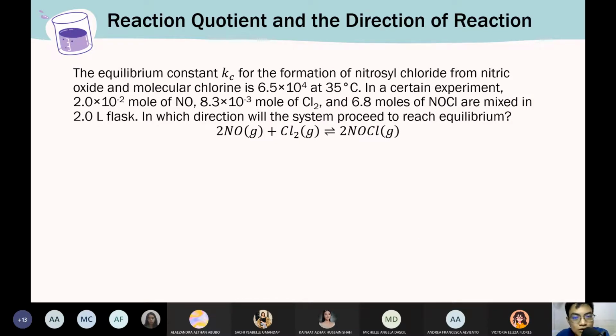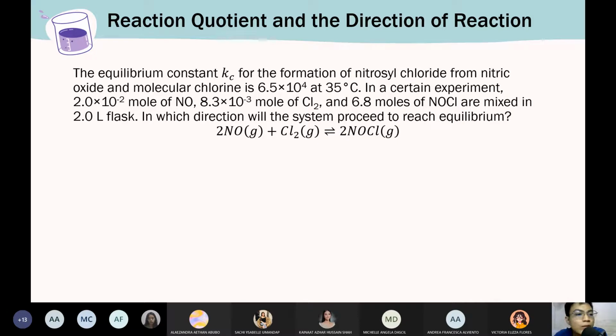For the next question, I will have the same question to you, gaya ng tanong ko kanina. So, babasahin ko muna. Okay, the equilibrium constant Kc for the formation of nitrosyl chloride from nitric oxide and molecular chlorine is 6.5 times 10 raised to 4 at 35 degrees Celsius.